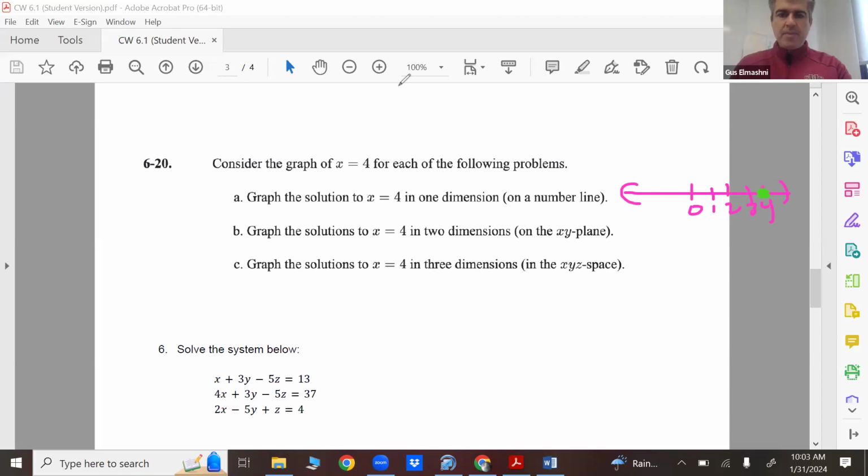Easy peasy. If you graph on an XY plane, that's also super easy. 1, 2, 3, 4. You got that.